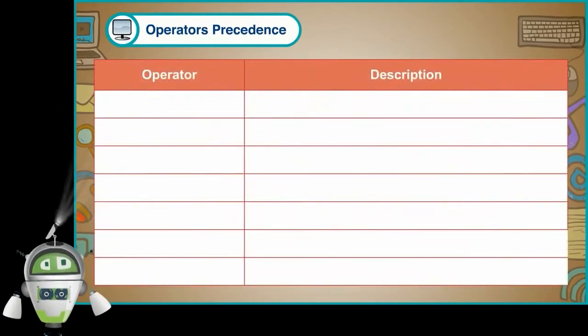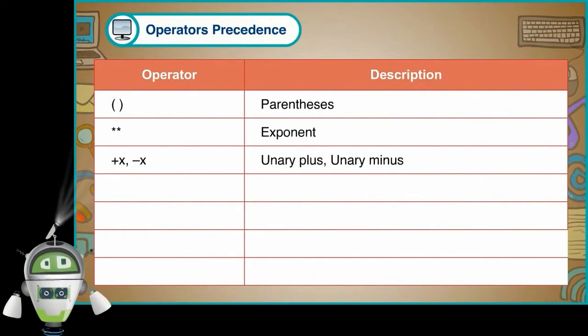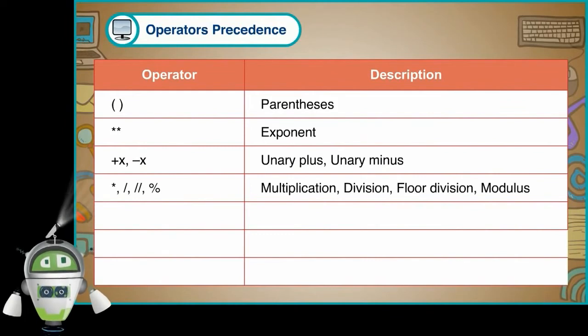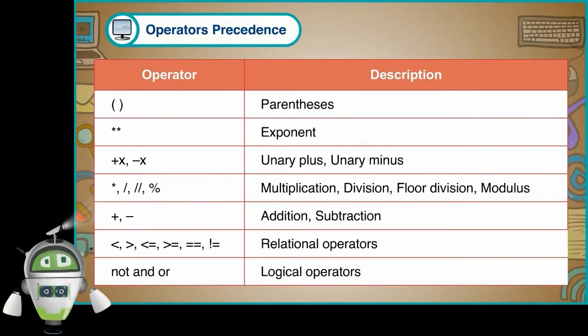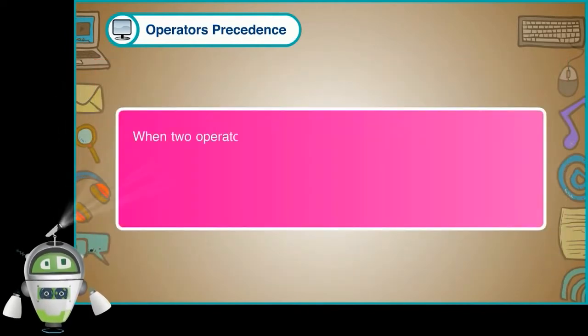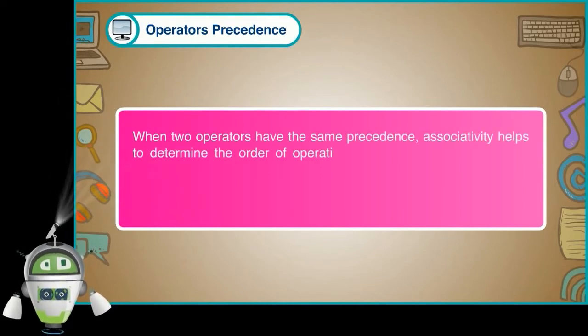Operators, description: parenthesis, exponent, unary plus, unary minus, multiplication, division, floor division, modulus, addition, subtraction, relational operators, logical operators, which are not, and, or. When two operators have the same precedence, associativity helps to determine the order of operations.